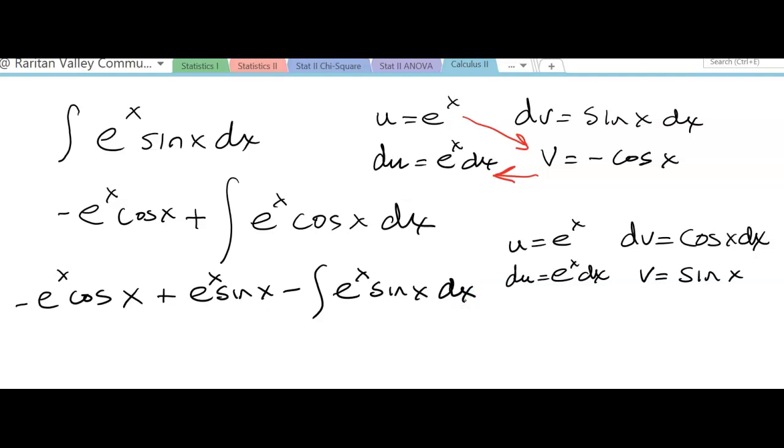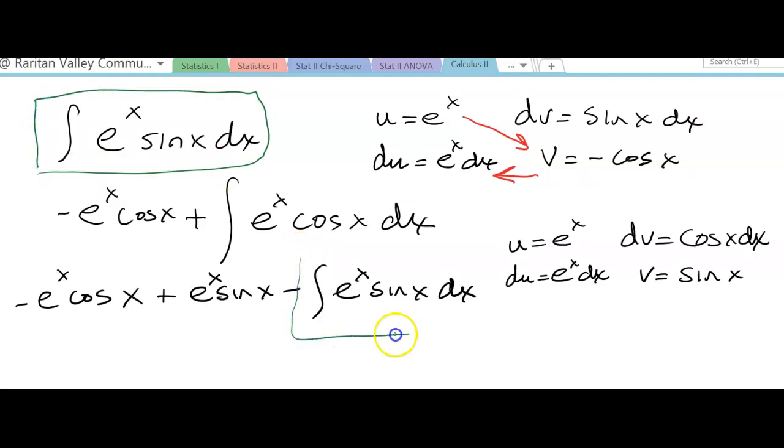And honestly, it's really not going to matter what you let u and v equal. Do you see what's happening? We're going to end up in this repetitive process. What do we have to integrate again? Oh my gosh, we're back to integrating this. Okay?